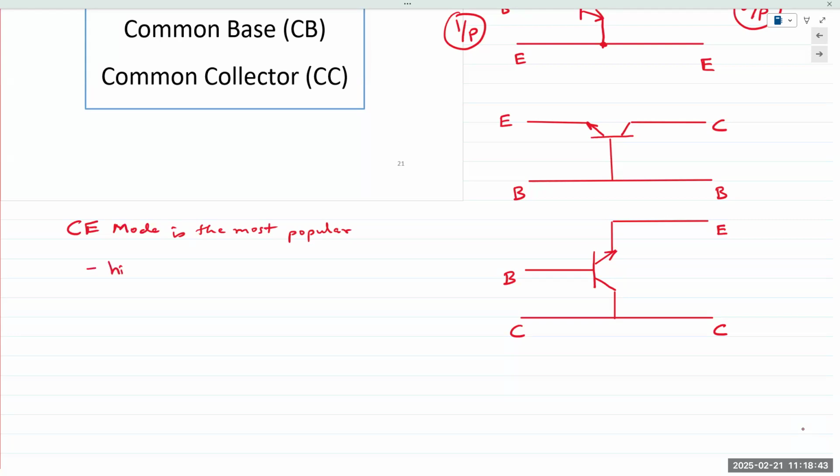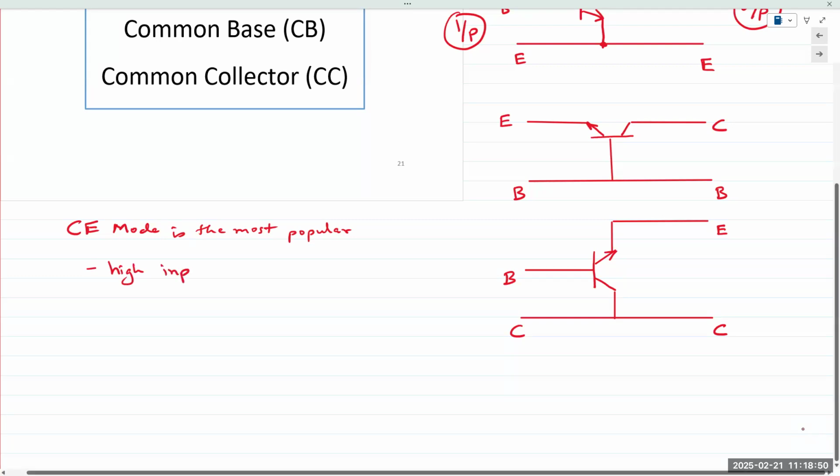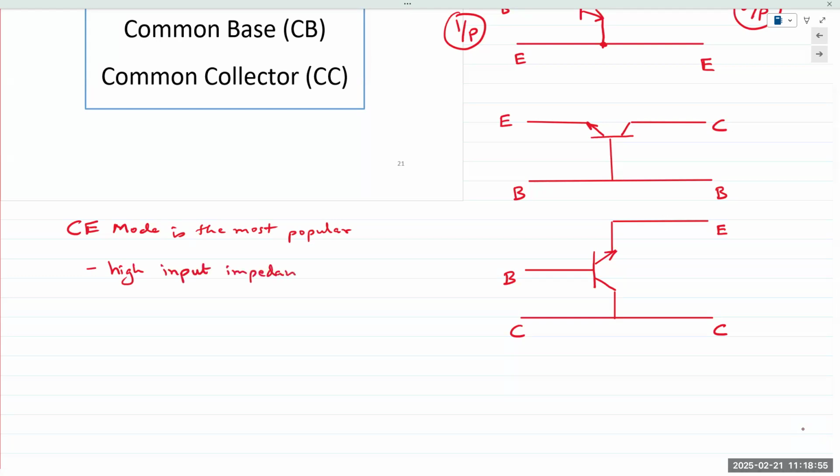In CE mode, a BJT circuit would provide high input impedance, low output impedance, and typically you can make the circuit work with a single power supply for biasing.